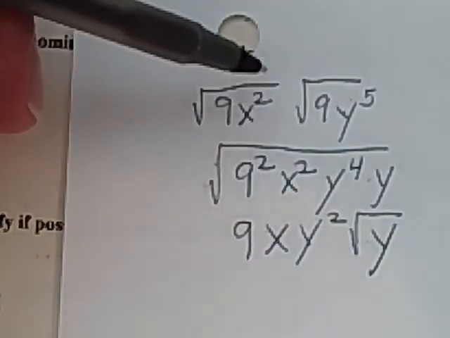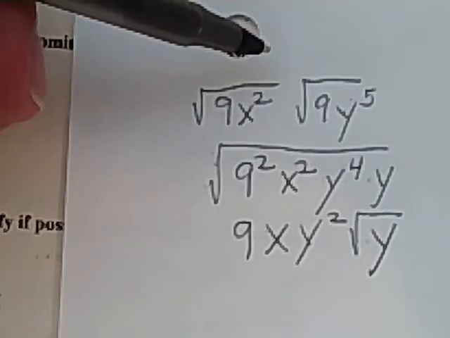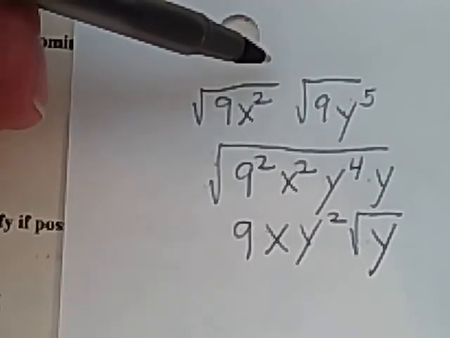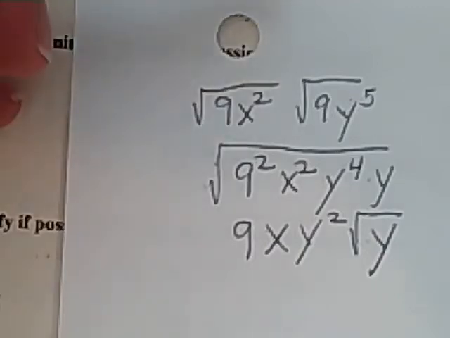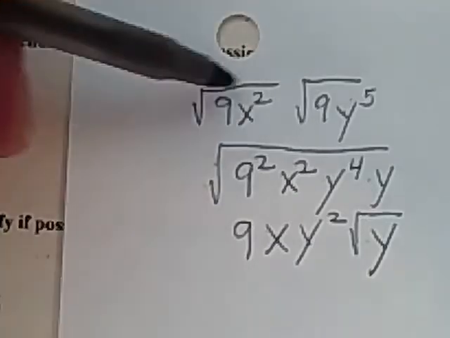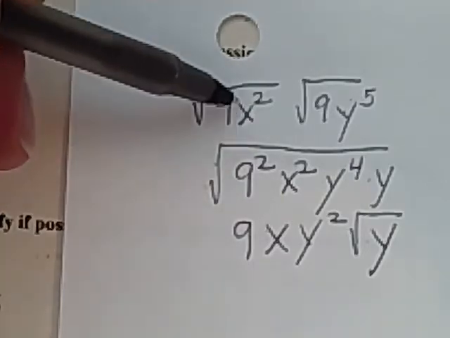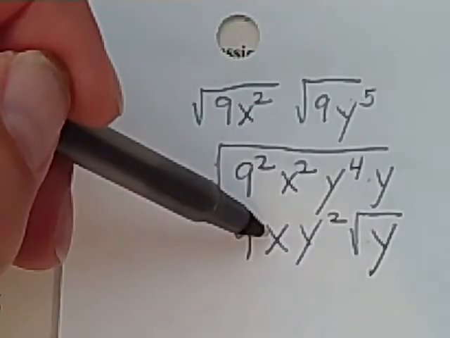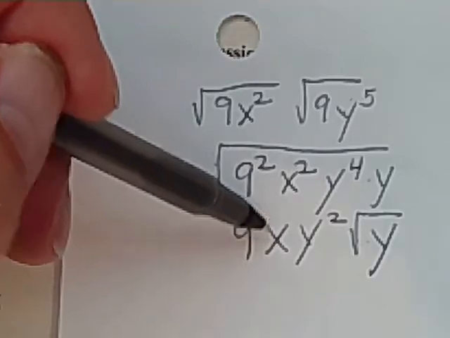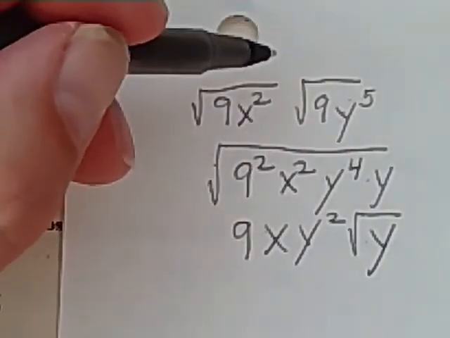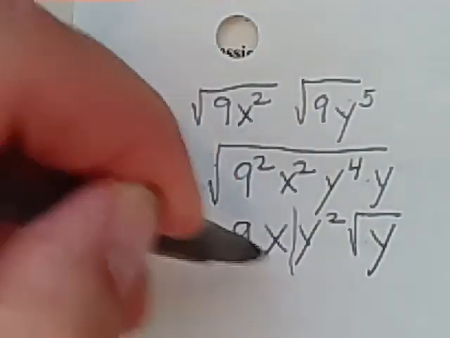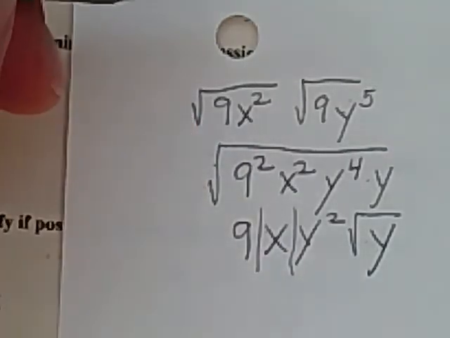Is that right? Maybe we're not in trouble. I think we're in trouble. This number is never negative. But this says it can be negative. So I believe that I need to put absolute value symbols around this.